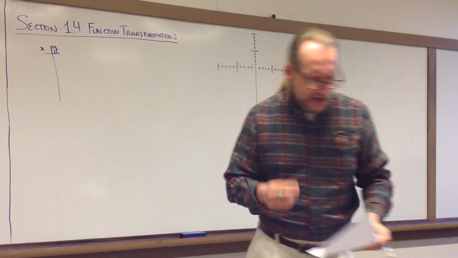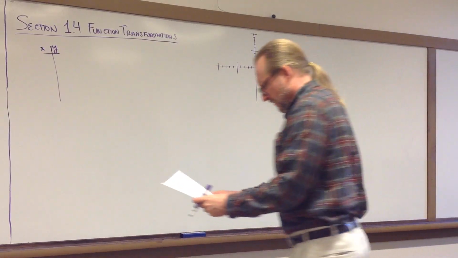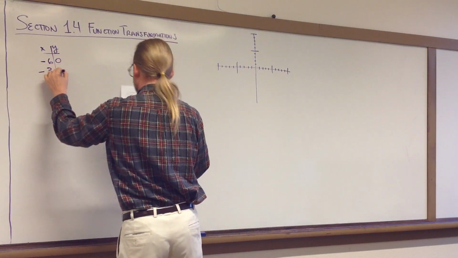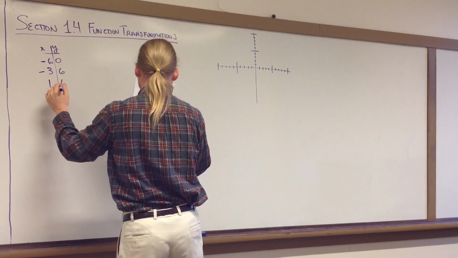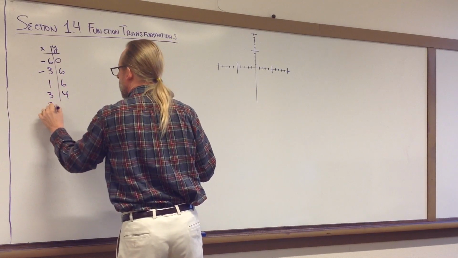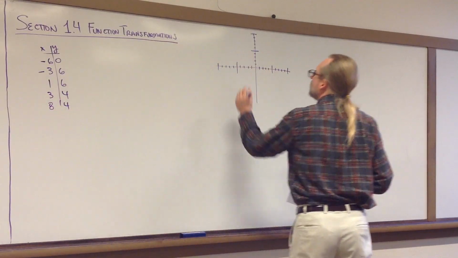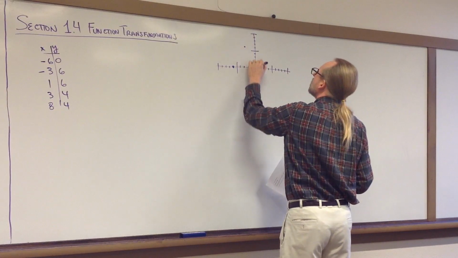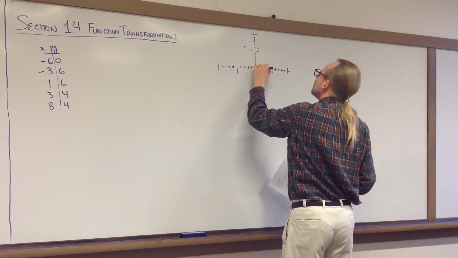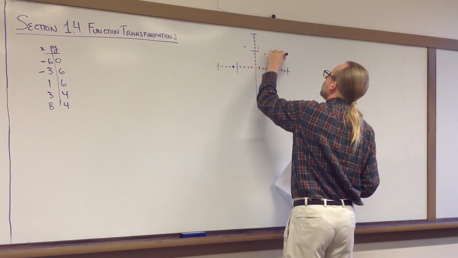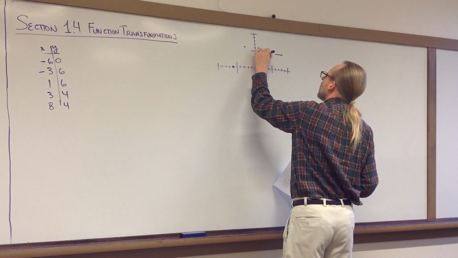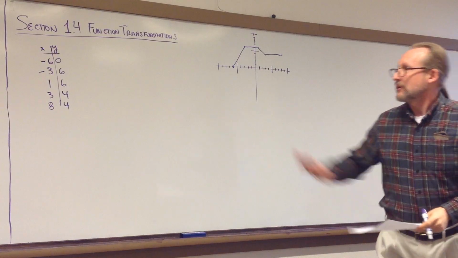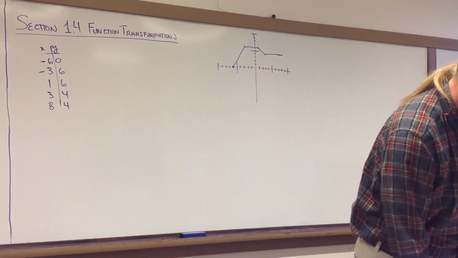The points are (-6, 0), (-3, 6), (1, 6), (3, 4), and (8, 4). So there's what the function looks like, and there's the table of values.